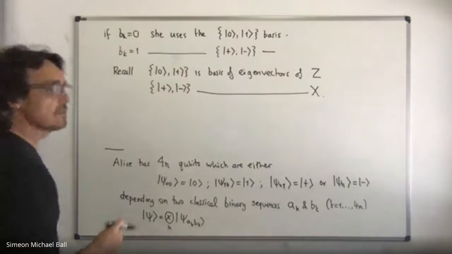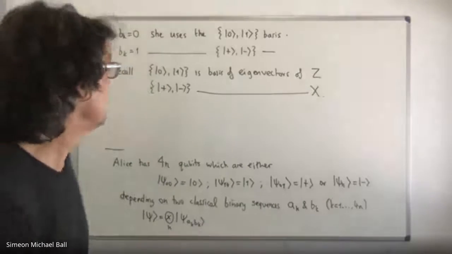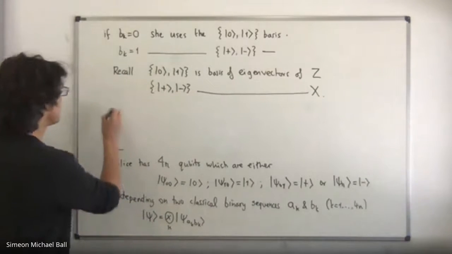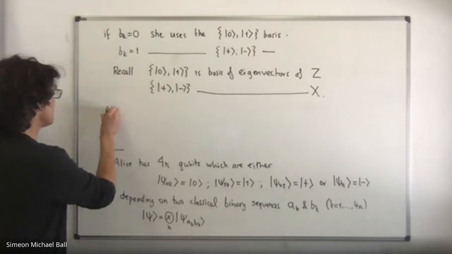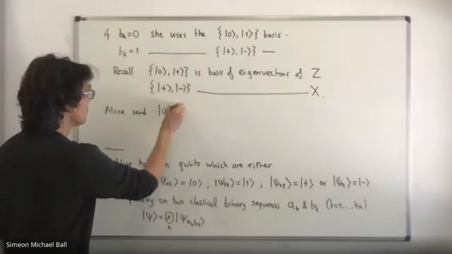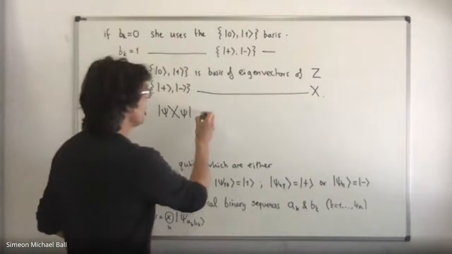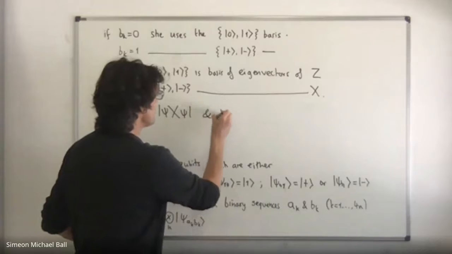So Alice sends her 4N qubits over a channel. She sends the operator, and this goes to the channel, and Bob receives.